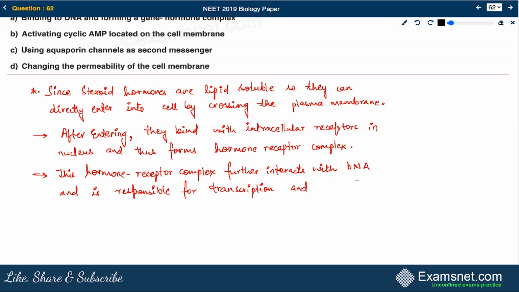First, it will carry out the process of transcription, and then it will carry out the process of translating those effective proteins that are required for the cell. So this is how they do it.